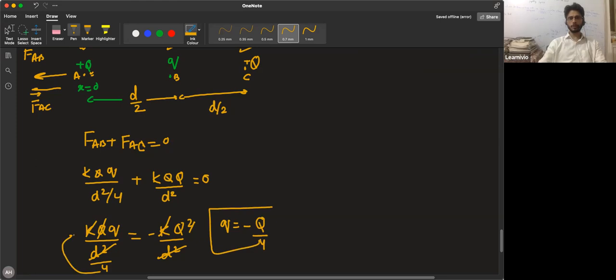This 4 will come to the denominator, then q will be minus. How is it d square? This is d by 2, this is d by 2. This whole separation will be d. Right?